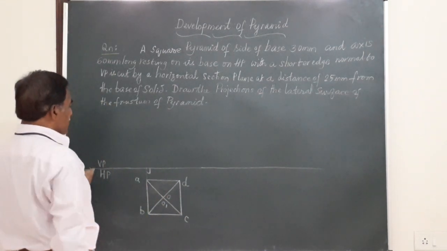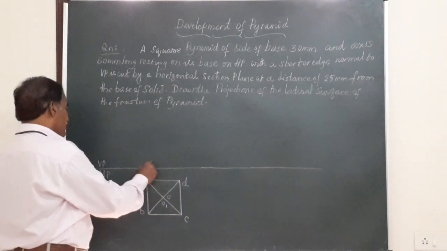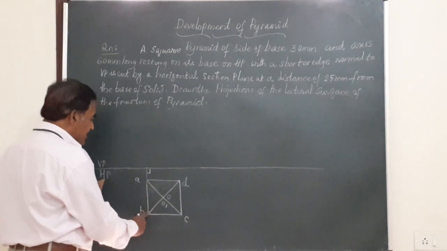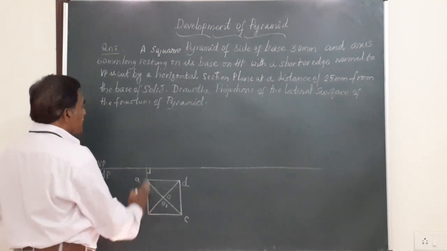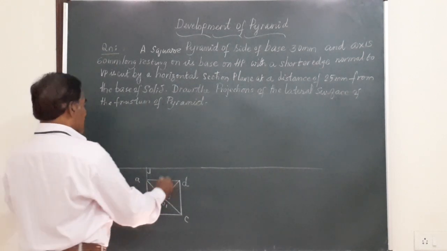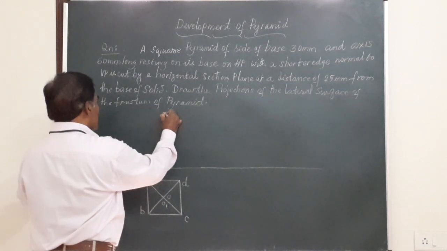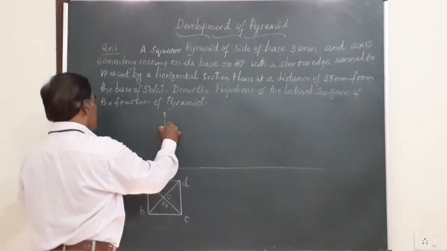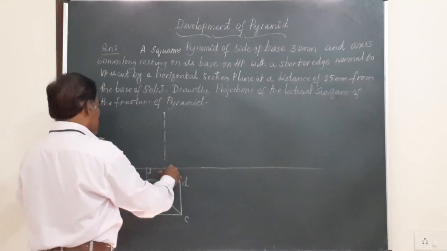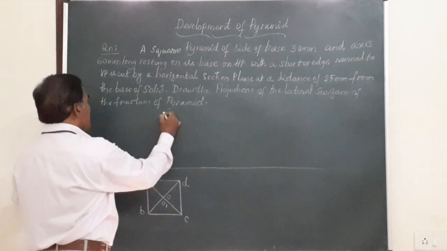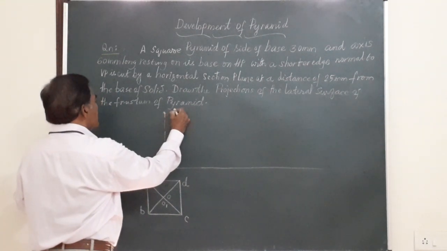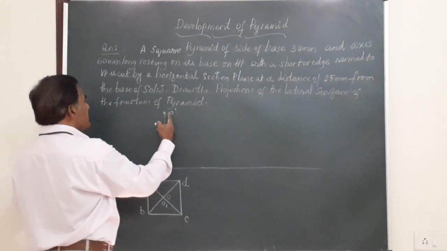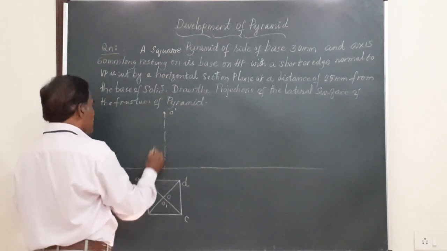This is the top view of the pyramid when it is resting with one of the shorter edges, AB say, perpendicular to VP. So from the center, you just mark the axis, a dash-dot line like this, and here this point is going to be O dash, the vertex of the solid.